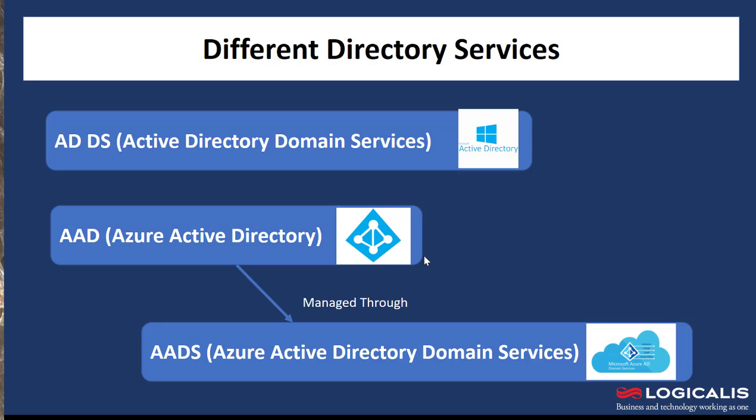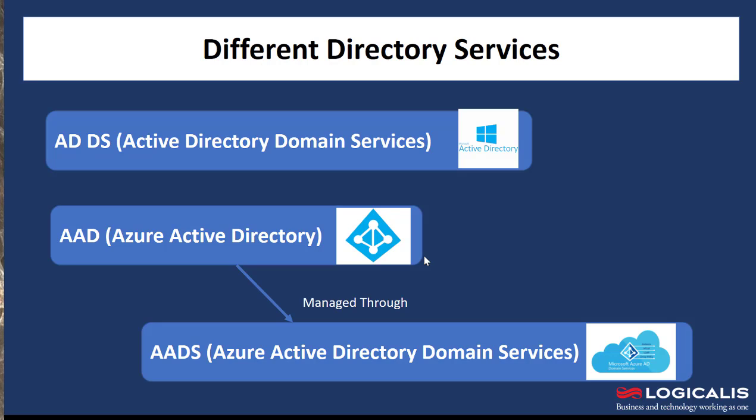Please note that I mentioned earlier, when I talked about Active Directory Domain Services, how it is being delivered through domain controllers, right? So think and consider Azure Active Directory Domain Services as your domain controllers which are being used to manage Azure Active Directory. I think this is the simplest way that you can understand that, right?